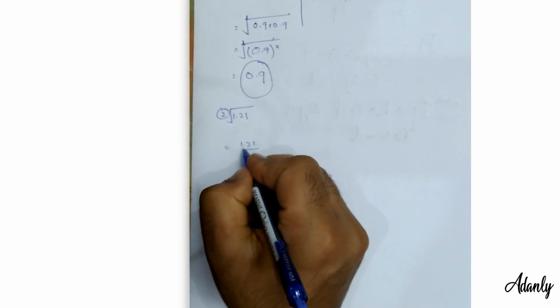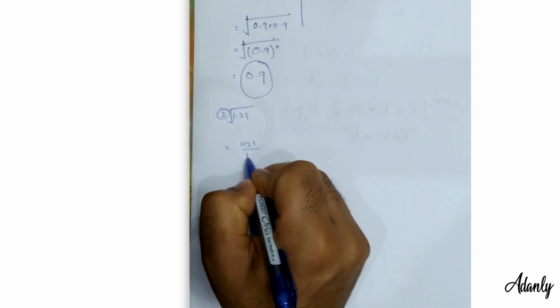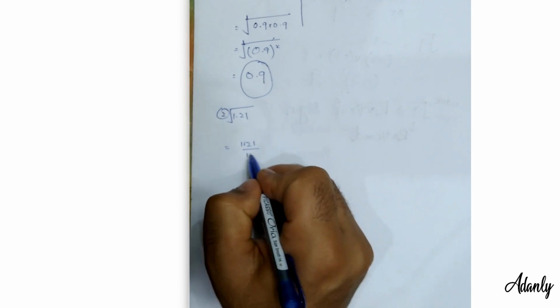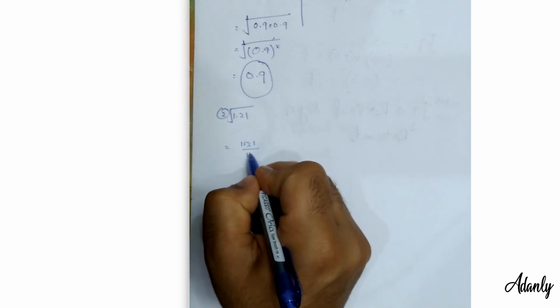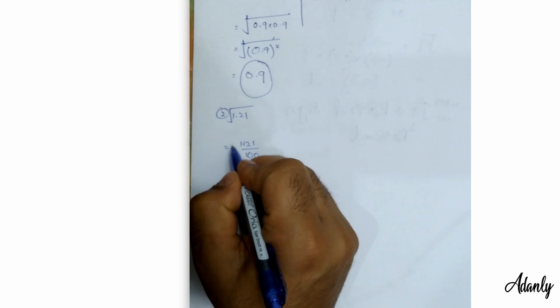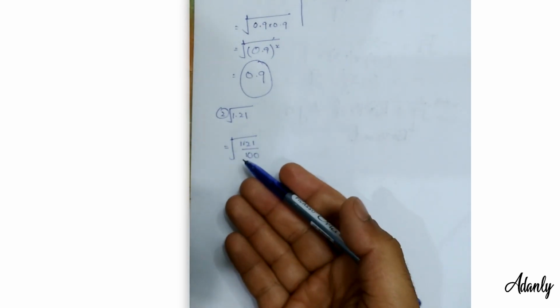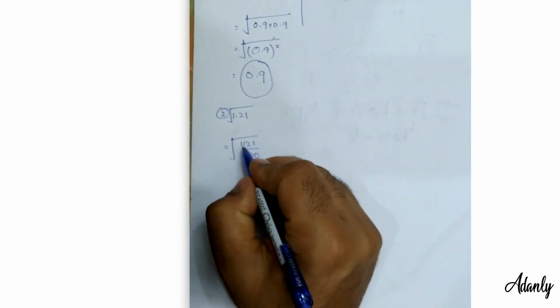When we remove this point, we write 1 in the denominator and we write 0 in place of the other integers. Now we have two integers to the right side of the point, so we will write two zeros. So it's now 121 divided by 100 under the square root. Dividing it by 100 is just for the purpose of removing the point.